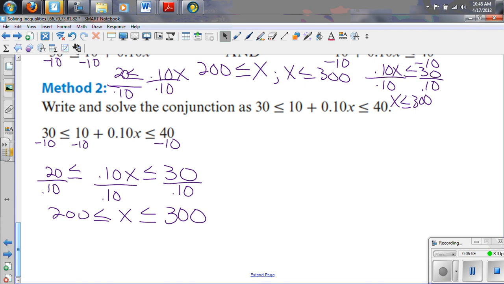So this process, the second method, solving this conjunction, uses just basically one equation and does whatever you're doing to all parts of that equation. And the whole objective here is to get x alone in the middle. So before this, we've always had to get x on one side of the equation or the other to get it by itself. And here we want to get the x in the middle and everything else away from the x so we can figure out what the two numbers are.